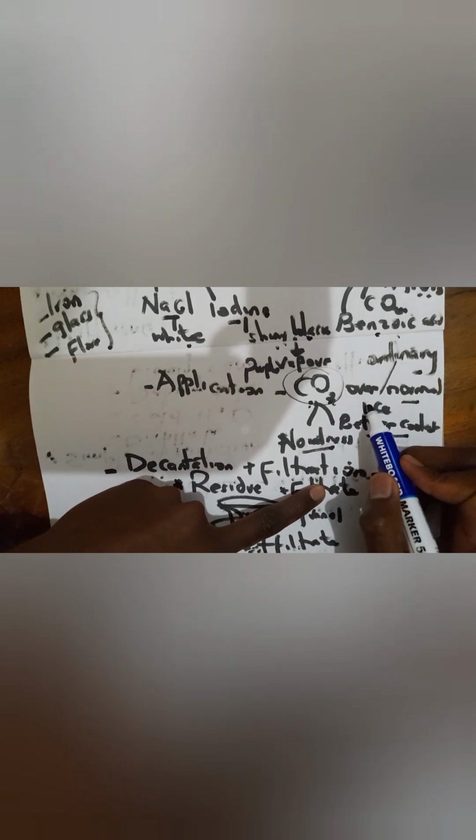Why? Because of two reasons. Number one, when it sublimes, it leaves no wetness. Very good. And again, it is also a better coolant. So there are two reasons why carbon 4 oxide or dry ice is mostly preferred to the normal or ordinary ice. Number one, there is no wetness, and number two, it is a better coolant.